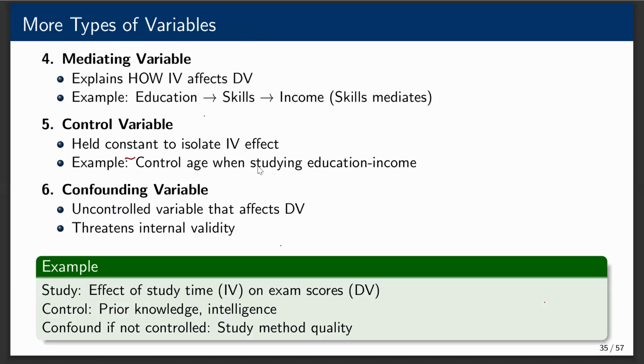Then mediating means explaining how the IV affects the DV. Just education will not ensure that you have income. Basically you should have skills, right? So your skill mediates. Is Ajay clear? Yes, sir. Okay, very good. Thanks. Many thanks.